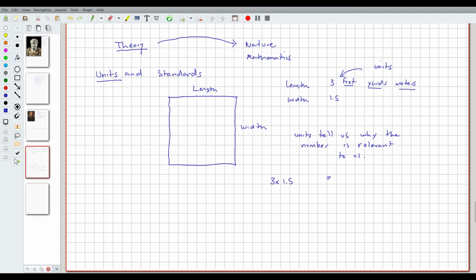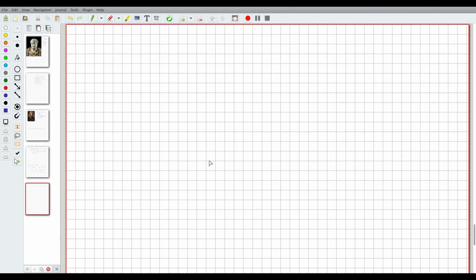But if I told you that it was 3 yards by 1.5 yards, okay, now we're getting somewhere. Now we can talk about what that measurement means. Okay? So that said, in the sciences, there are two basic systems of units.